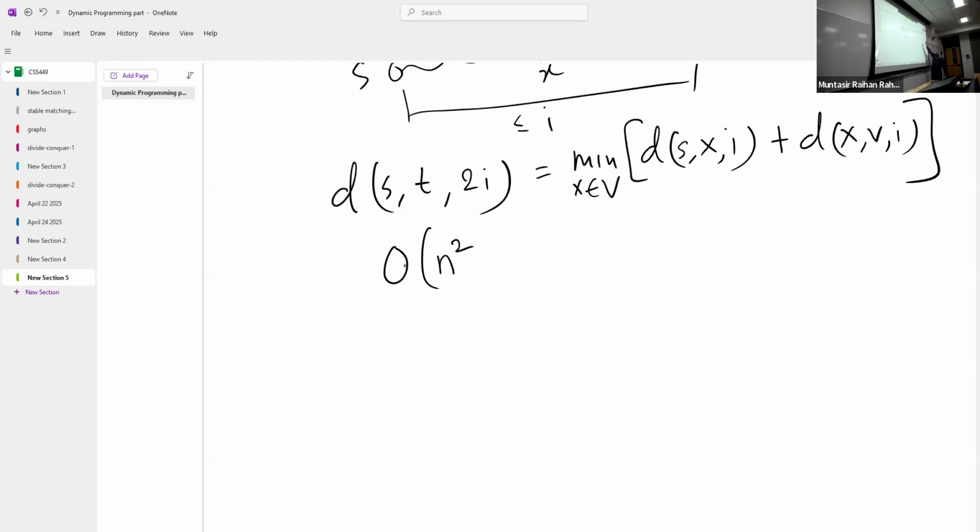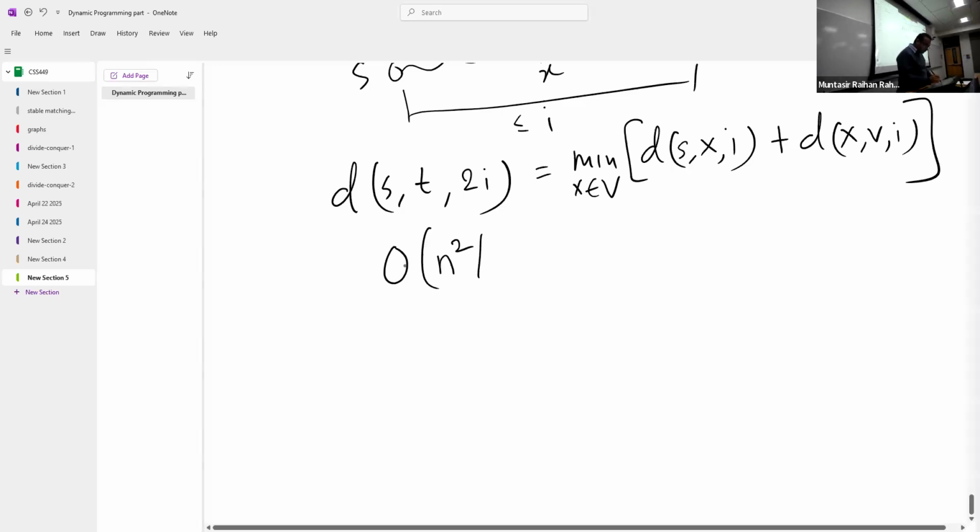So what are all the possible values of I? It's no longer n, it's less than n, right? If I take n and I halve it, how many times do I have to halve to get to 1? Log n. So I varies up to log n. So now the total number of subproblems is n squared log n.